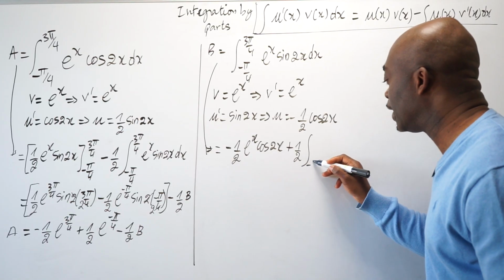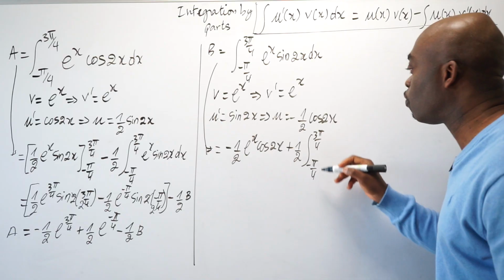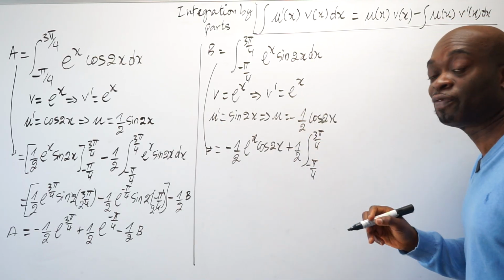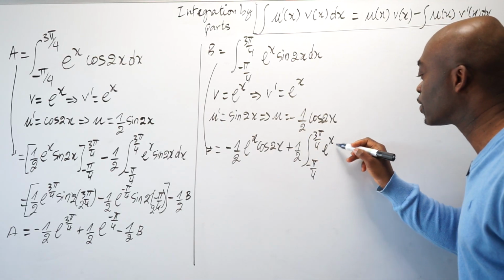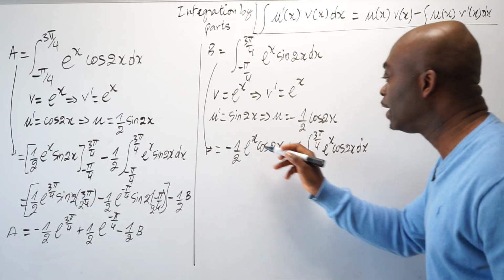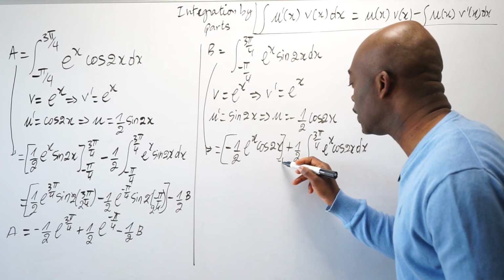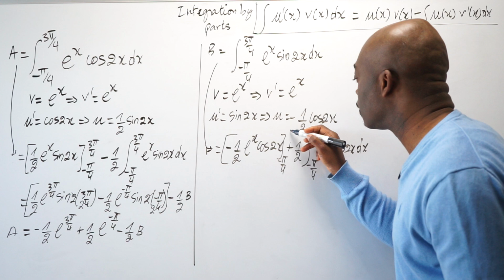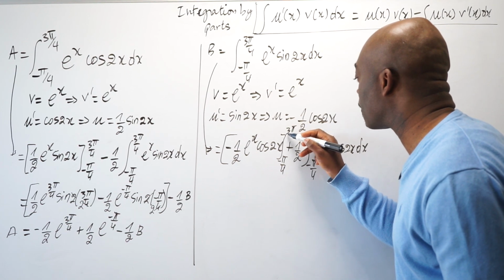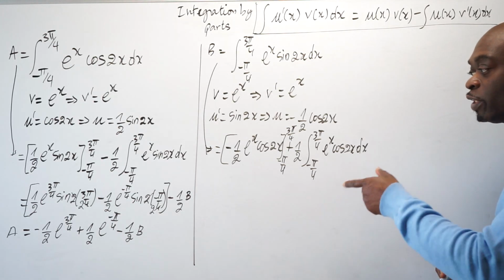And then the integral from negative pi over 4 to 3 pi over 4 of what? u times v prime, exponential x cosine 2x dx. And also, let's not forget about this one here, negative pi over 4 to 3 pi over 4. Okay? So that's what we have so far for the B, right?